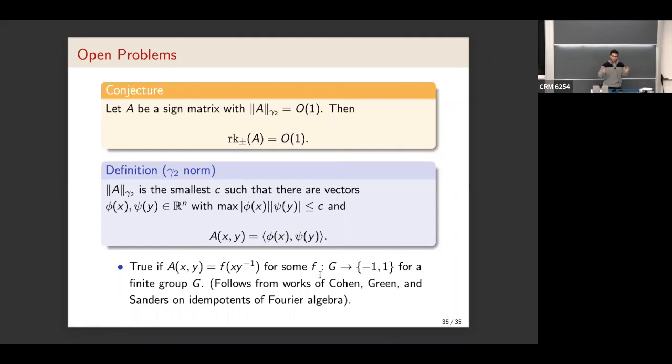So this large class of things is true with these theorems, which have quite complicated proofs. And the proofs don't generalize to arbitrary matrices. So it's quite interesting to understand: do you actually need this group structure, or is it a more general phenomenon? Yeah, so that's the last open problem I wanted to mention. I think both these questions are important and quite nice things to work on.